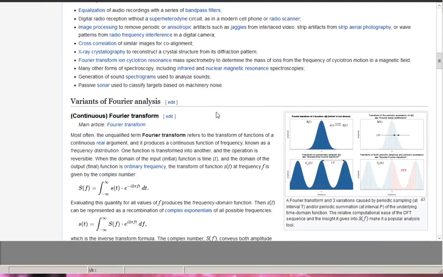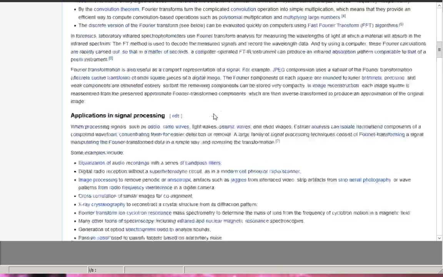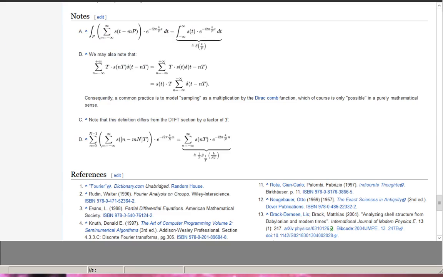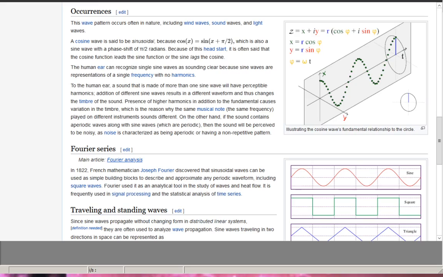Fourier transforms find the harmonics. A filter. Well, that's the equation.